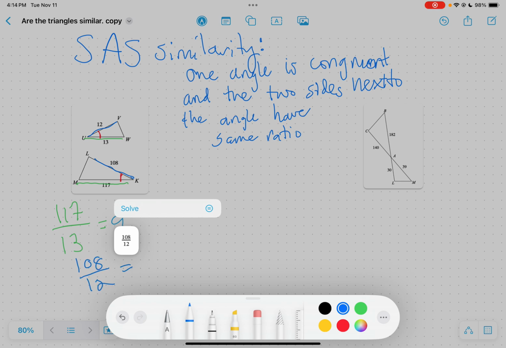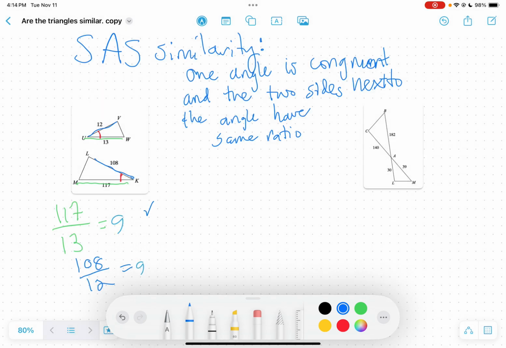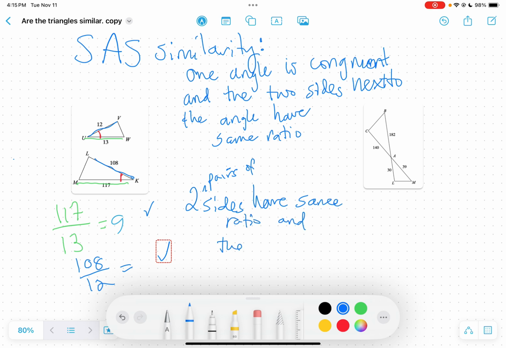I think that one's also 9. Great. So if two pairs of sides have the same ratio and the included angle is congruent, then they're similar.